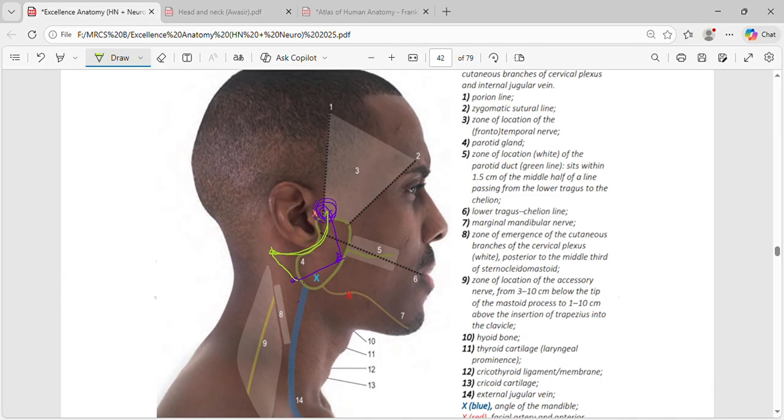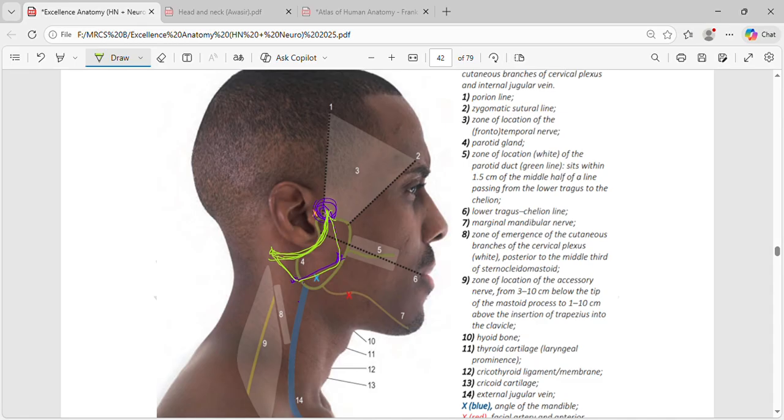So this is the posterior border. You can say this is the lower border, this is the anterior border. So this is how we look at the parotid gland.